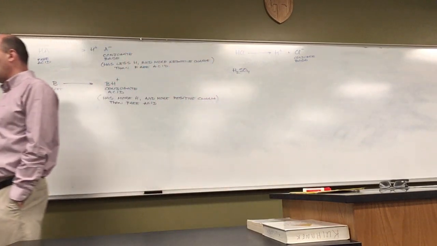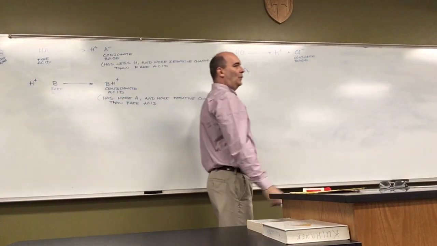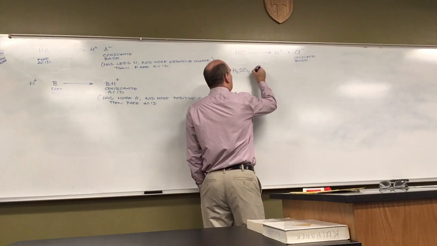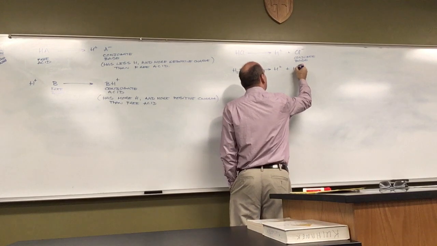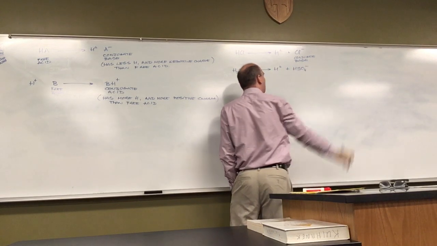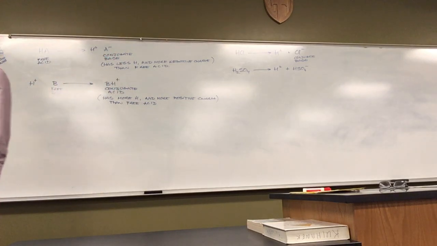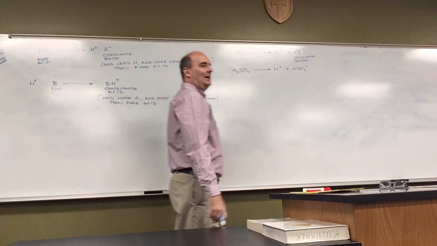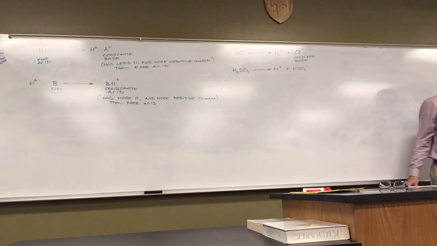Here's an example of a strong acid. This is H2SO4. H2SO4 can lose both of those H's, but it's going to do them one at a time. And we're going to spend time looking at why the first step and the second step are not even close to being equal.